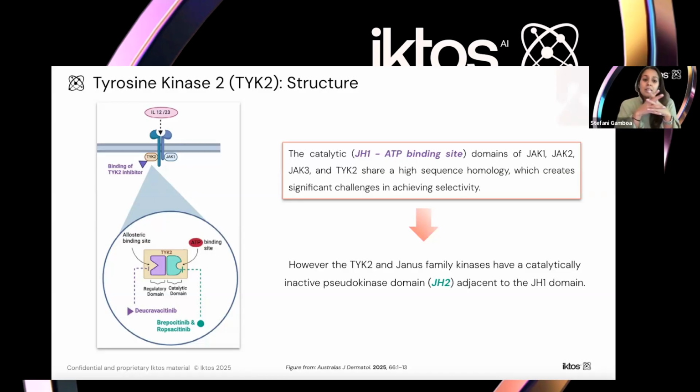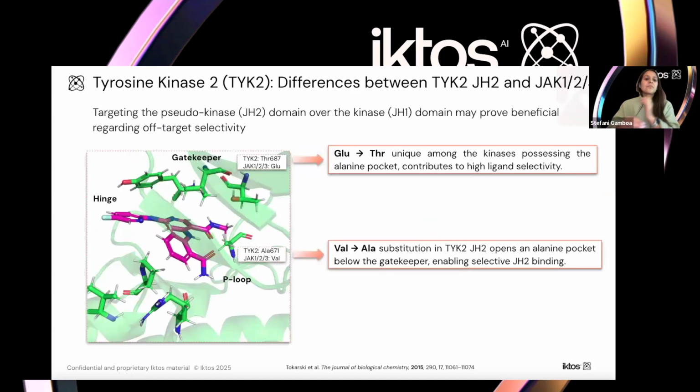This domain can be targeted allosterically, which allows us to achieve selectivity that is very difficult to obtain at the ATP binding sites. One of the advantages of targeting TYK2 is that its pseudokinase domain offers structural features that are distinct from other JAKs.